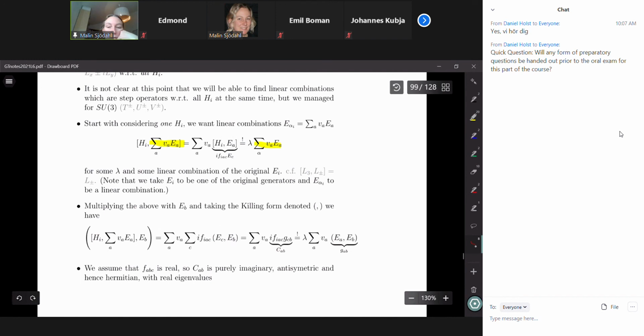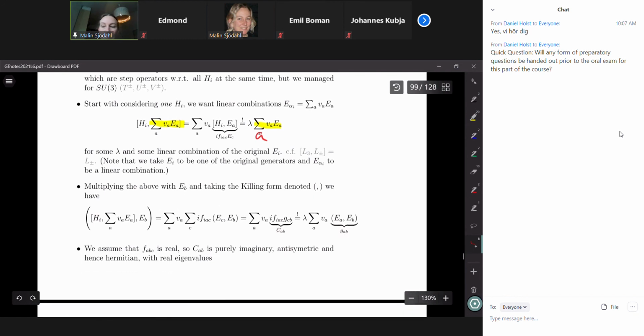So what I have here is some constant i times something real and antisymmetric, which should be equal to my lambda from up here, my VA also from up here, and then the Killing form of EA and EB down there.